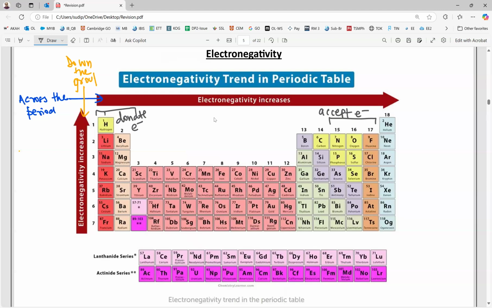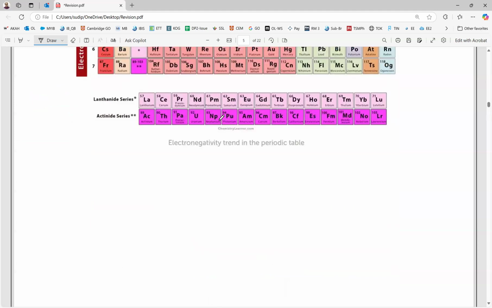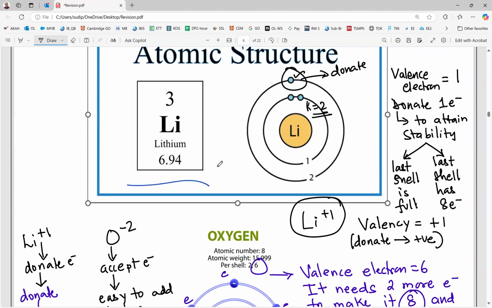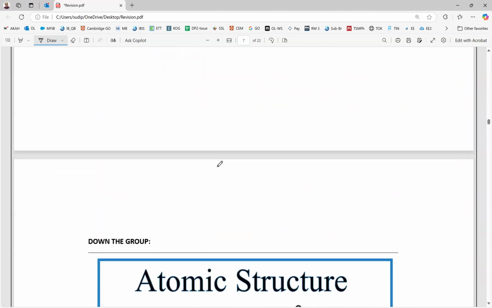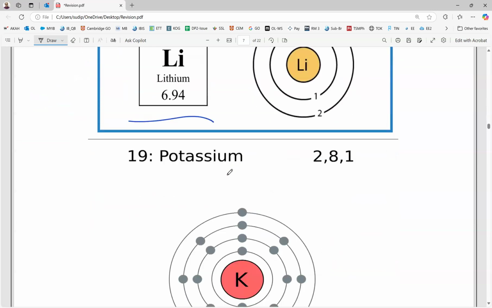Now, let us see what happens down the group for electronegativity, because that's also a very important aspect here. Across we have seen. Now we go down the group. I've taken lithium again as our common example so that it's very easy to understand.